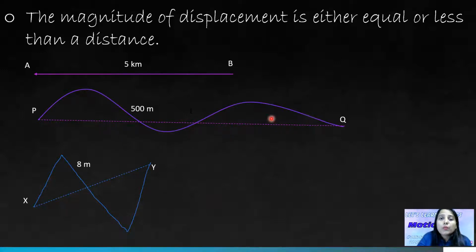No, it is rather less than 500 meters. Similarly, if the path is zigzag, like from X to Y, it's written here that the zigzag path equals 8 meters. But do you think the displacement will be 8 meters? It can never be. It will be less than 8 meters, right? So these are the cases. So here I think your concept is clear that distance is always more than displacement. It can be equal, but it can never be less than displacement.